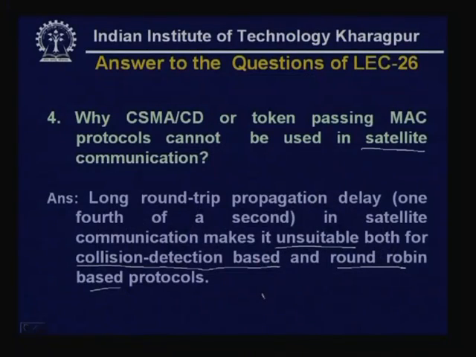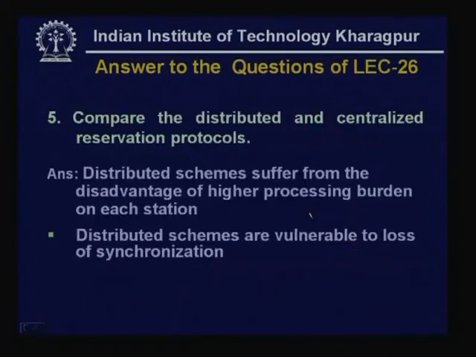In other words, the value of a, which is the ratio of the propagation time to transmission time, is very high. As a result, the CSMA/CD based protocol is not suitable. Similarly, round robin based protocols are also not suitable because it takes very long time to do polling or to pass the token. As a result, these protocols cannot be used here.